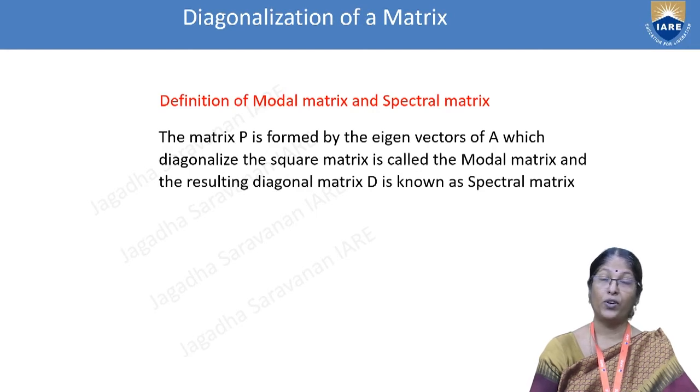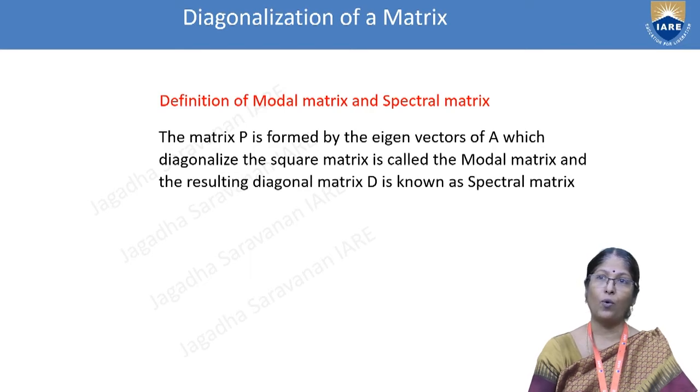Our given question is to diagonalize. To diagonalize, compulsorily the matrix P is formed by the eigenvectors. That is the reason we found the eigenvectors. To find the eigenvectors, we need eigenvalues.